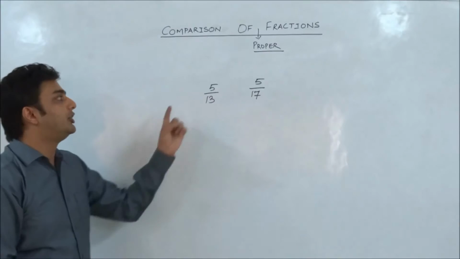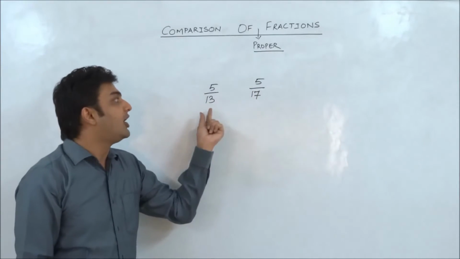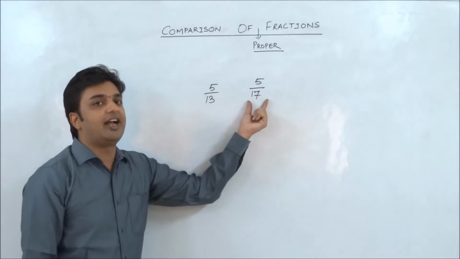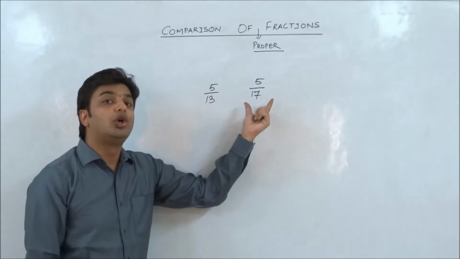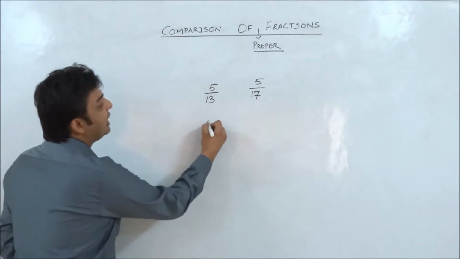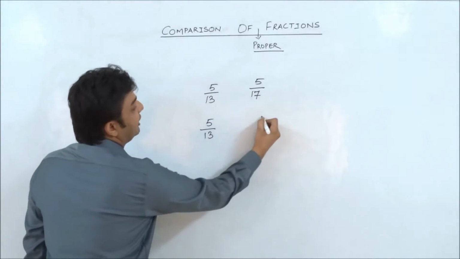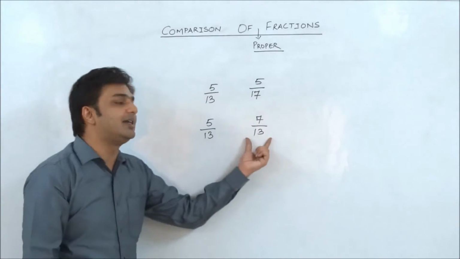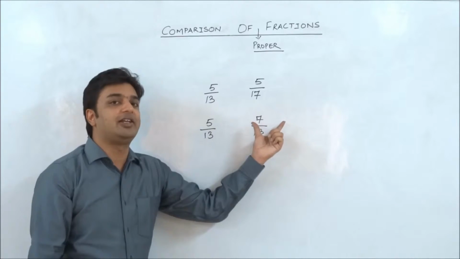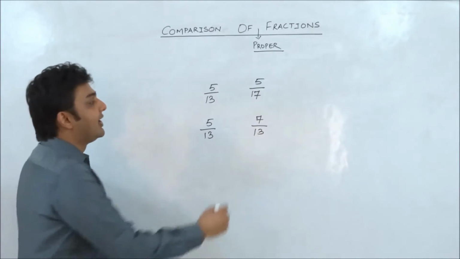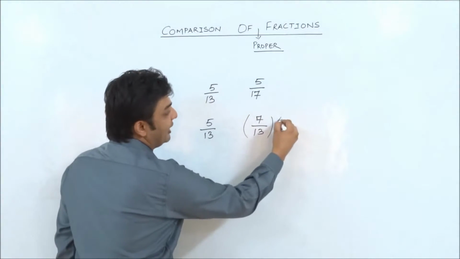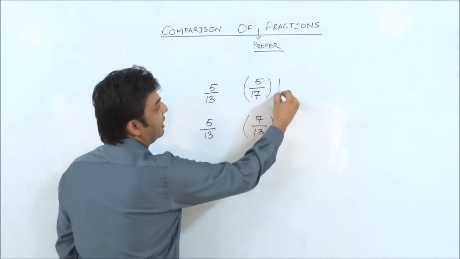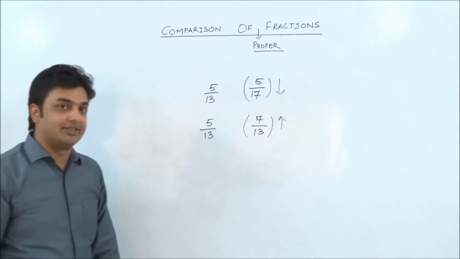Obviously the numerator is the same, here the denominator is increasing, that's why this number is going to decrease. Similarly, if we have 5 by 13 and 7 by 13, here the denominator is the same, the numerator is increasing, that's why the number will increase. This is going to increase, here the denominator is increasing, the number is going to decrease.